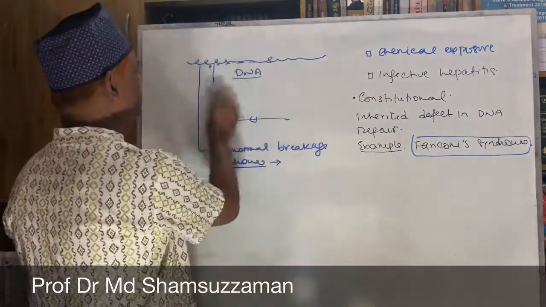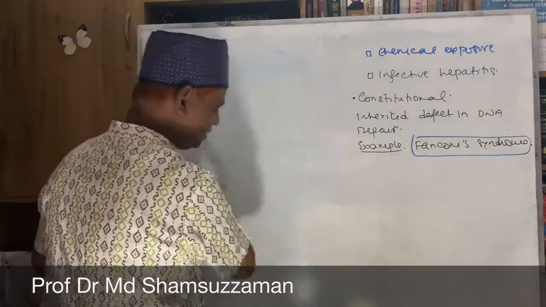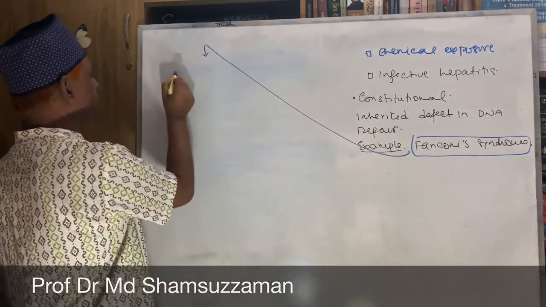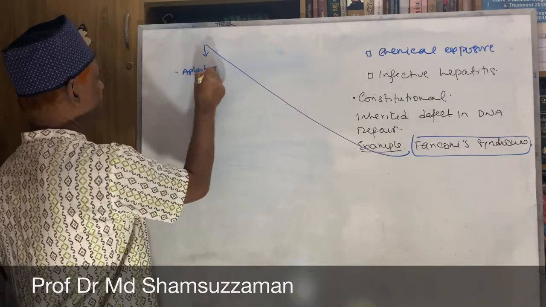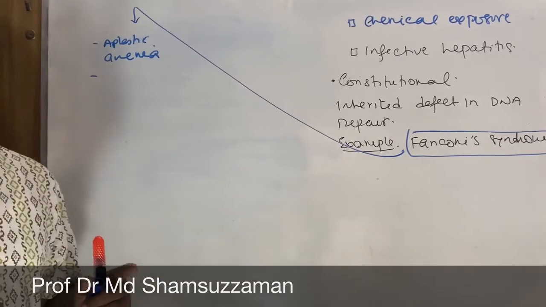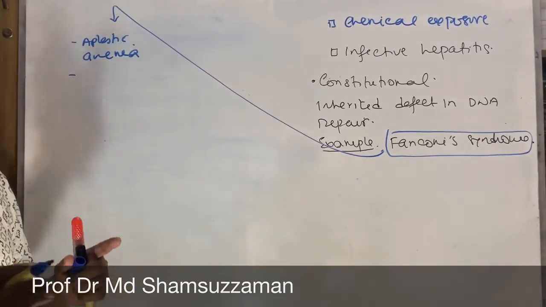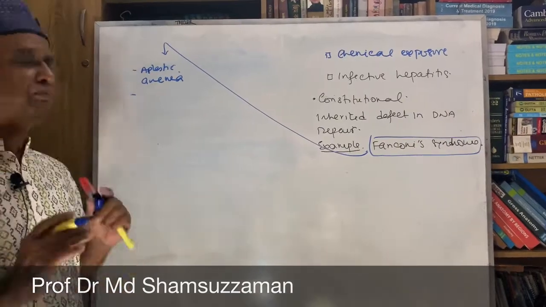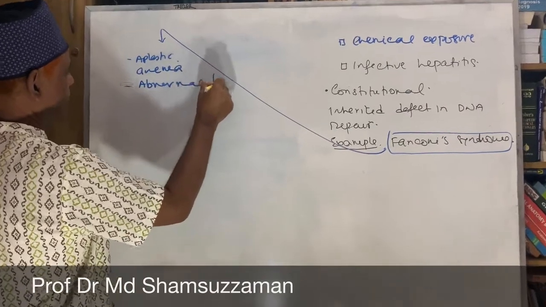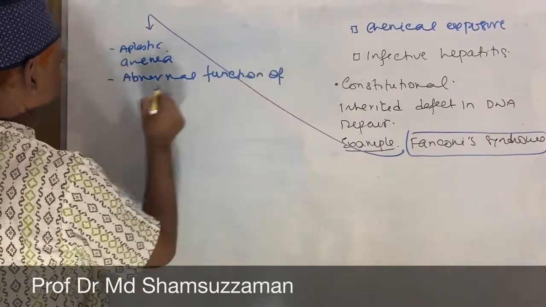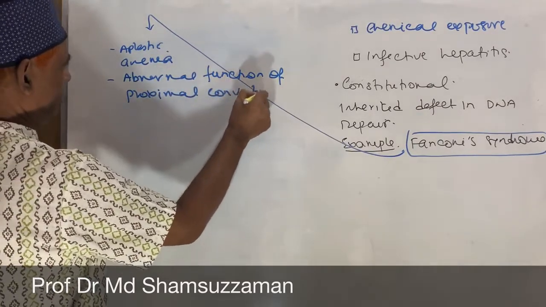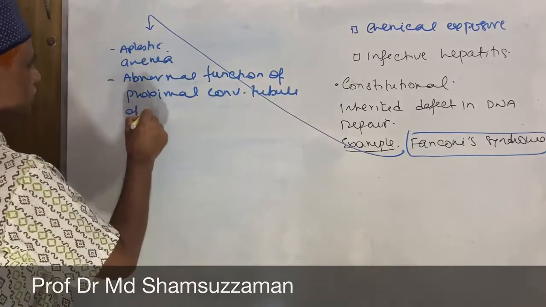So what happens in Fanconi's syndrome? Fanconi's syndrome is characterized by or associated with aplastic anemia. Then there is abnormal function of the proximal convoluted tubule of the nephron.